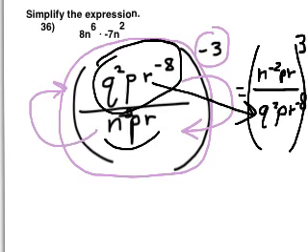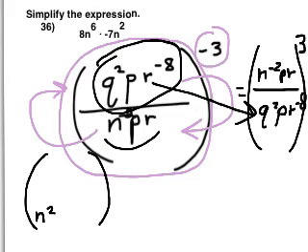Okay, so now after you've flipped it over like that and changed it to +3 power, notice everything on the top is exactly the way it is, only it's now on the bottom. I didn't change the negative signs or anything. Same with the bottom, it's on the top. Now is a good time to switch the negatives. I'm going to put the n to the -2 on the bottom, only make it n to the second power.